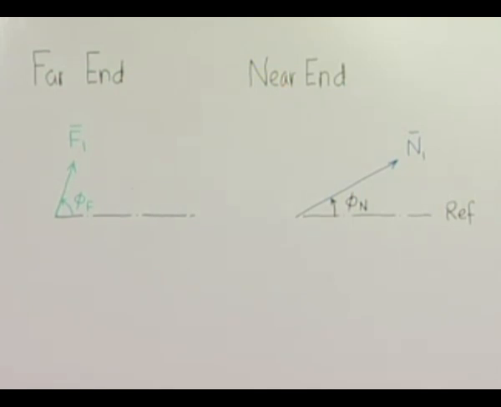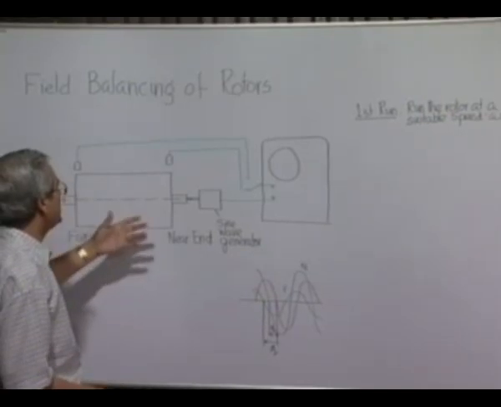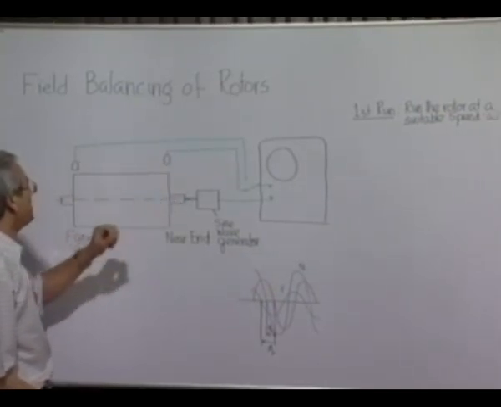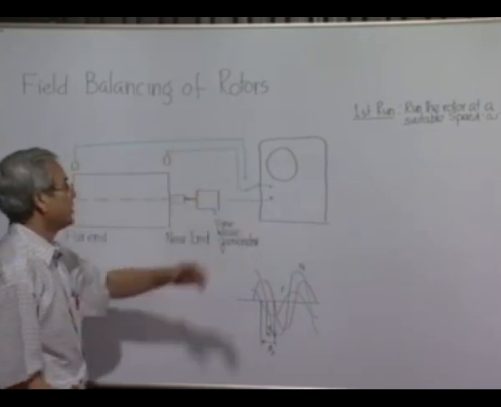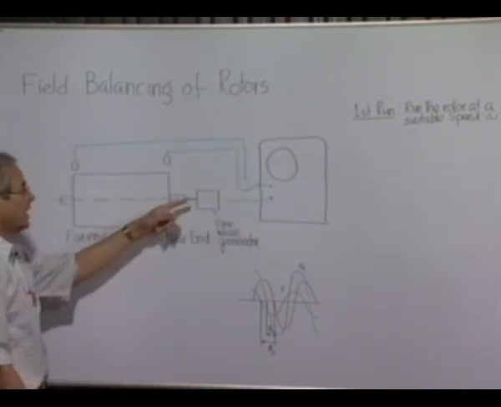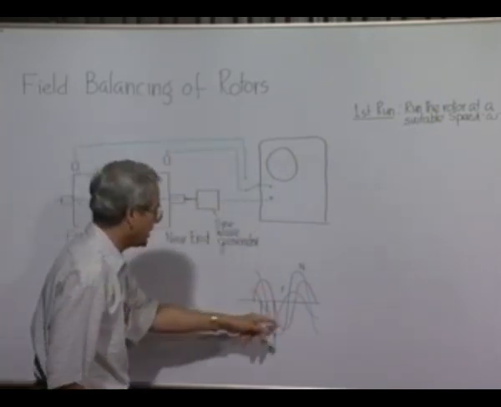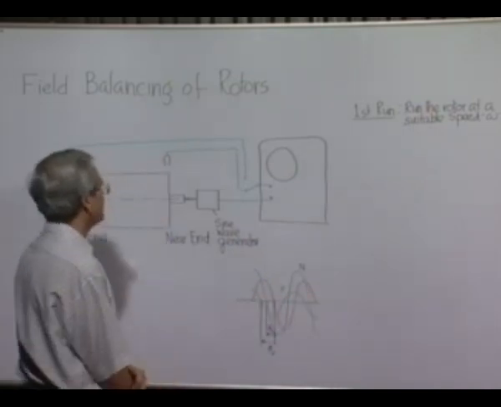Let us see again what we have done. It is being rotated at a suitable speed so that the near end pickup and far end pickup produce reasonably measurable signal. The sine wave generator is producing a signal as a reference.